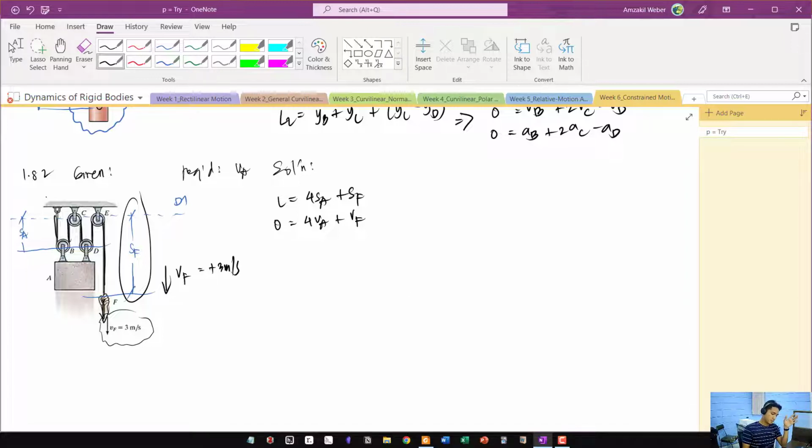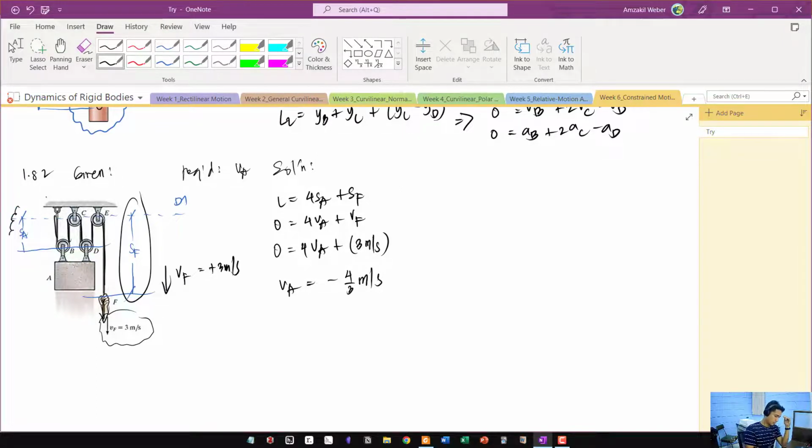So 0 equals 4 VA plus positive 3 meters per second. That would mean VA is equal to negative 4 thirds, I mean negative 3 over 4... negative 4/3 meter per second, and negative here means decreasing the position.